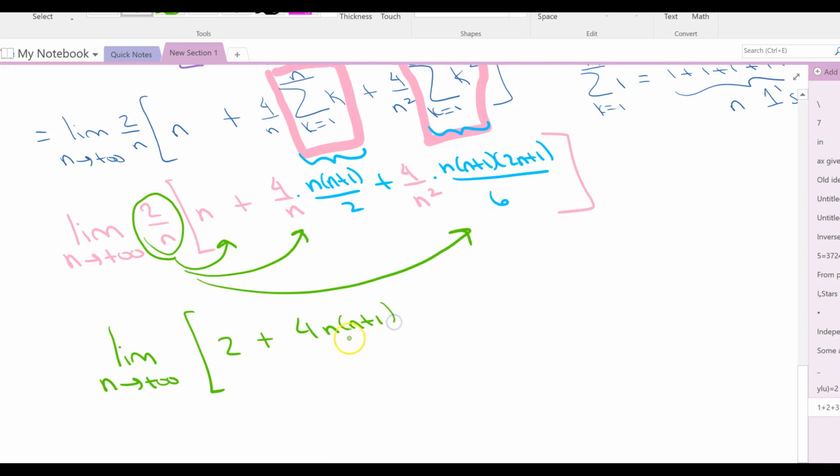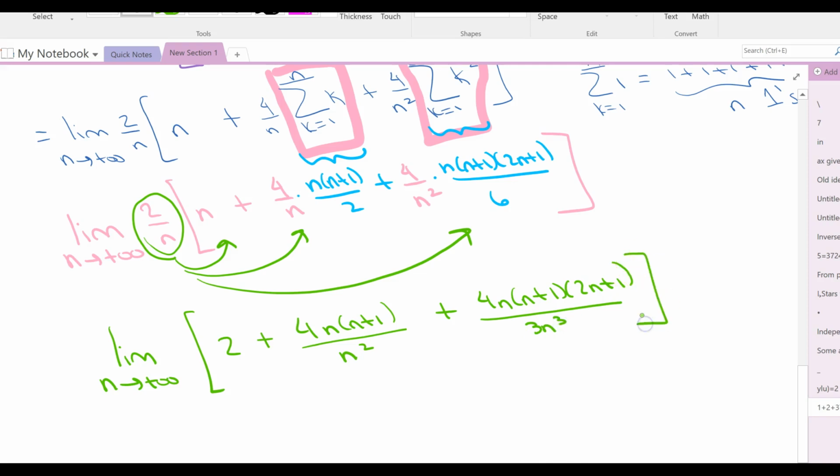Okay, I'm going to be now down here, plus, what do I have? I've got 4n times n plus 1 times 2n plus 1 all over 3n cubed.